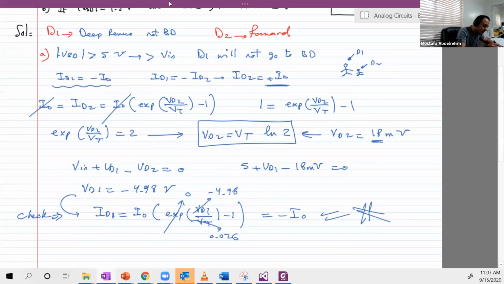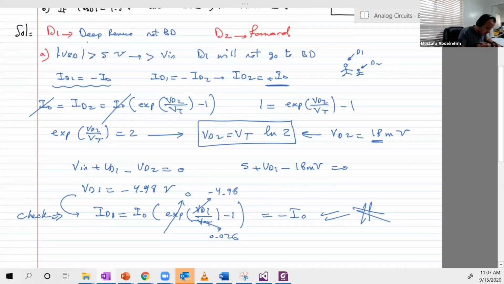Now let's look at A first before going into B. At A, when V input is equal to 5, we found that VD1 is equal to this value here, 4.98. As a magnitude, this is larger than 4.9, right?